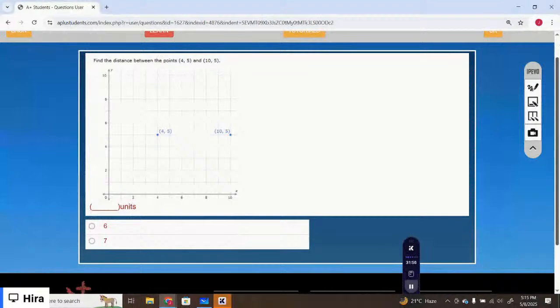What is the distance between the points 4, 5 and 10, 5? So which is the correct option?